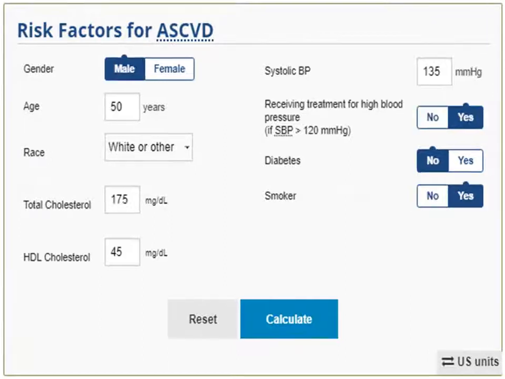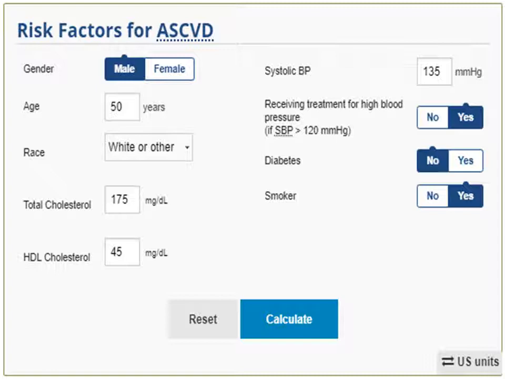Let's suppose a certain individual, a male of age 50 years, who is white, with a total cholesterol level of 175 and HDL cholesterol of 45. This patient has a systolic blood pressure of 135 and is hypertensive, receiving treatment. He has no diabetes, but he is a smoker.